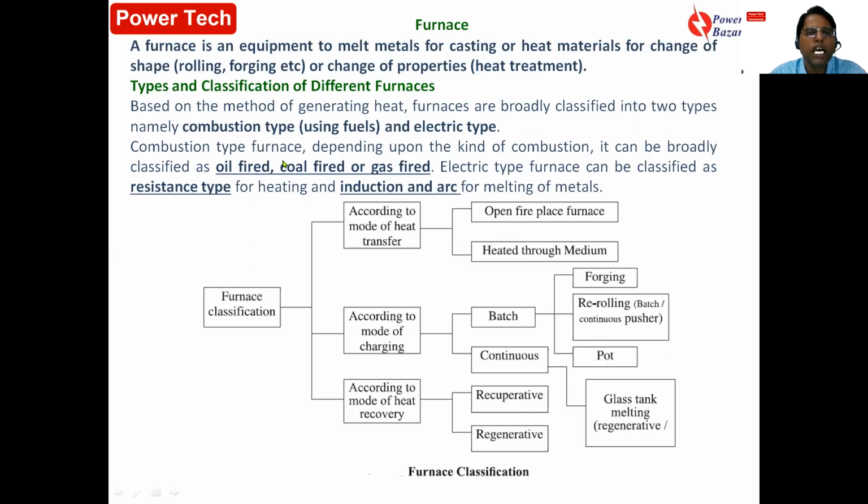Now, a combustion type furnace can be oil fed, coal fed, or gas fed. But an electric type furnace is basically resistance type, induction heating type, or arc heating type. There is also a submerged arc furnace, which is normally utilized in producing ferrochrome, particularly common in Odisha, where chromite is very much available. So a submerged arc furnace is basically an arc furnace in which arcing takes place in submerged conditions.